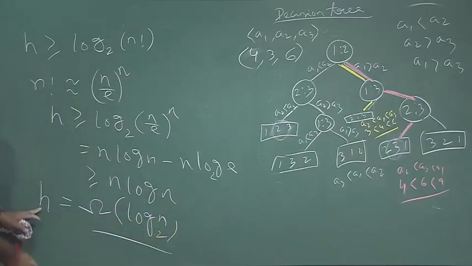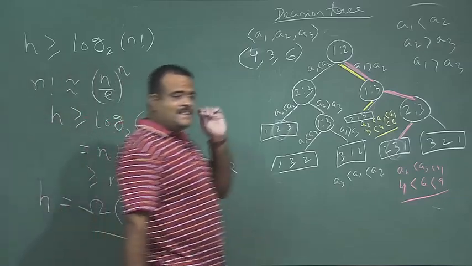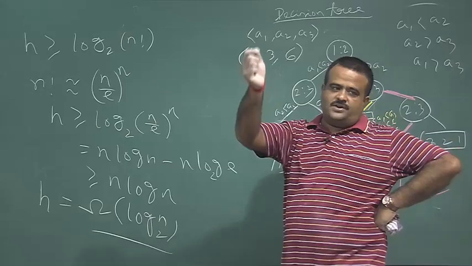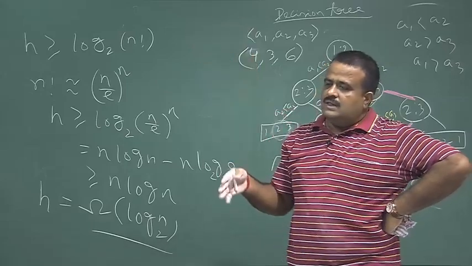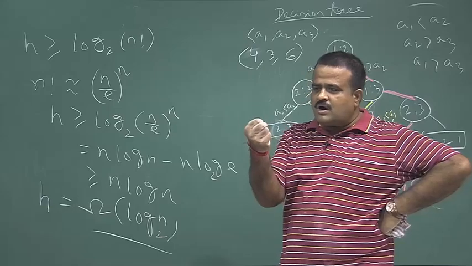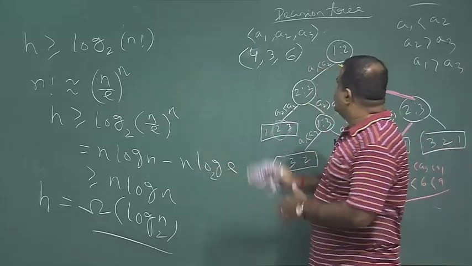Height is nothing but the worst case runtime for any comparison based sort, because that is the execution of the decision tree from the root to the leaf. If you take any input, then for any comparison based sort you have to go from the root to the leaf. This is the height.